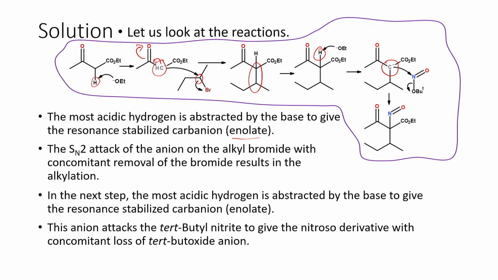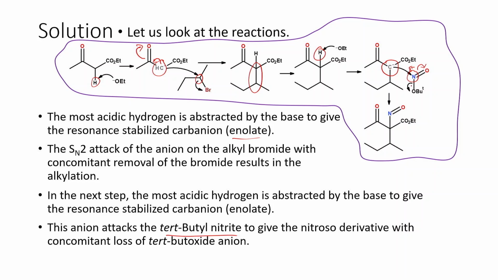So because of the higher stability, this anion is formed very quickly, and this now attacks our tertiary butyl nitrite. So the tertiary butyl nitrite's nitrogen is the one which is electrophilic in nature, because oxygen actually pulls the electron towards itself. So the nitrogen becomes delta positive. So this is the electrophilic site, and we have a carbon ion which is the nucleophilic site.